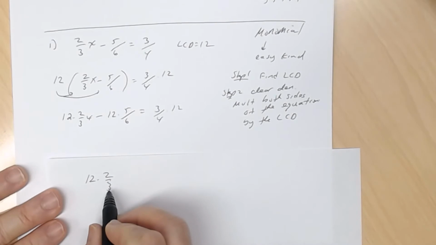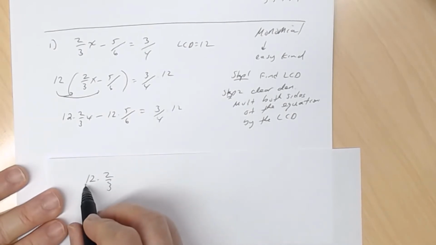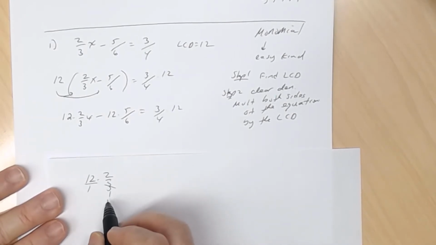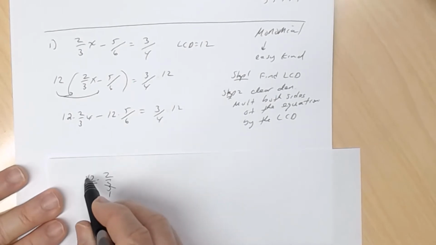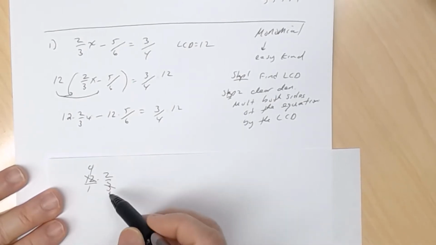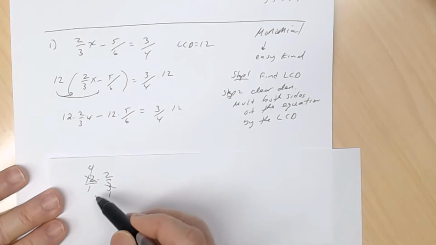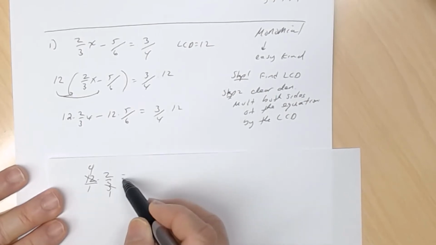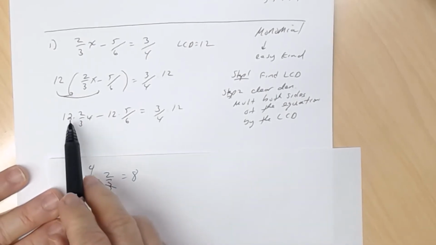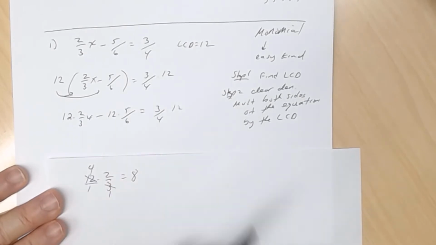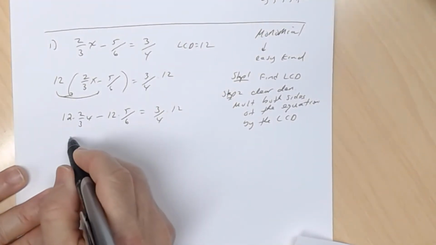When I reduce this, you've got to remember how to reduce. So I'm going to write this as 12 over 1. 3 into 3 is 1, so I get a factor of 1. And then 3 into 12 is 4. So this becomes 4 times 2, which is 8. So 12 times 2/3 x becomes 8x.